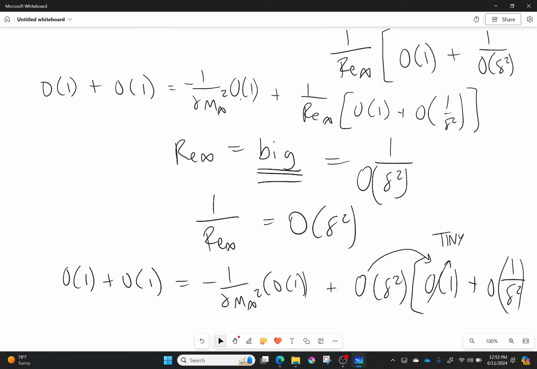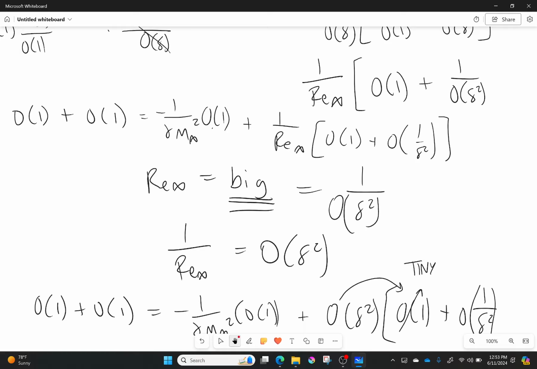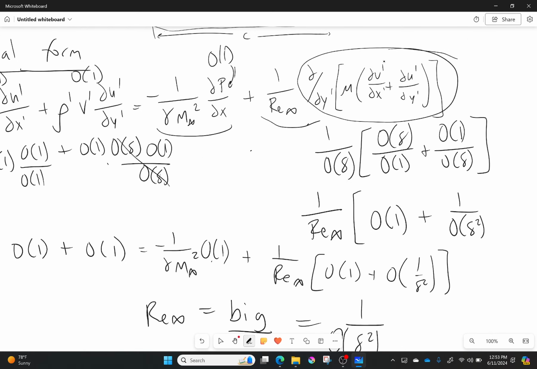And so what does that mean? That means that this term right here can be neglected, because it is very, very, very small changes. And so I don't have to include that one term.